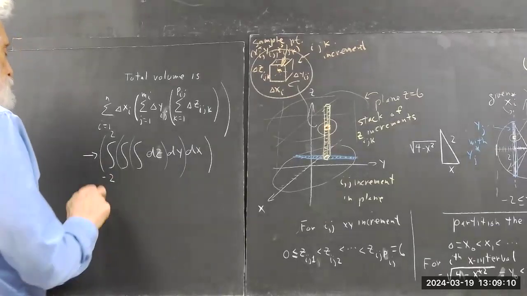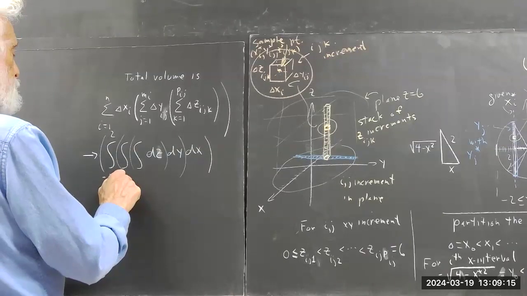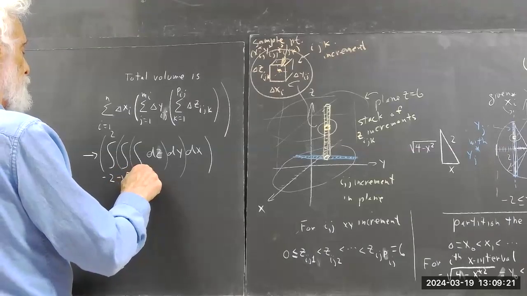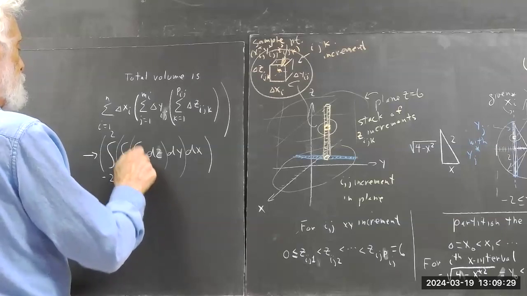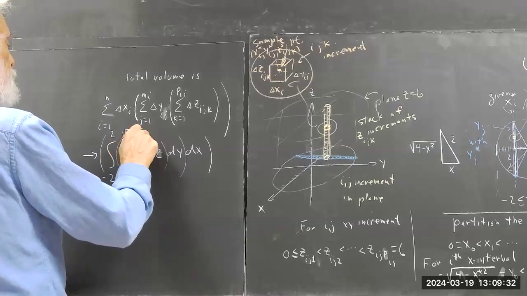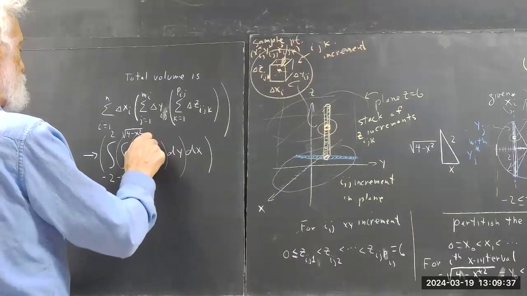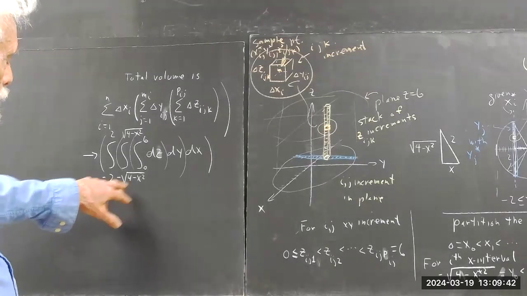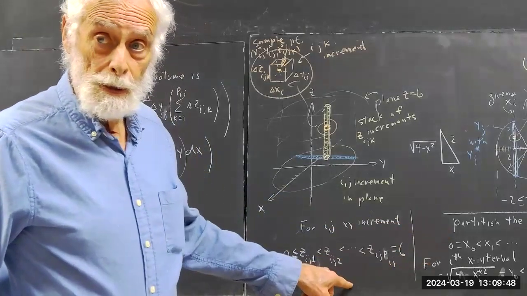And the limits on the integral are from -2 to 2, from negative square root of 4 minus x squared to the square root of 4 minus x squared, and from 0 to 6 on Z. Our limits on Z, Y, and X are the limits that are determined by our partition.